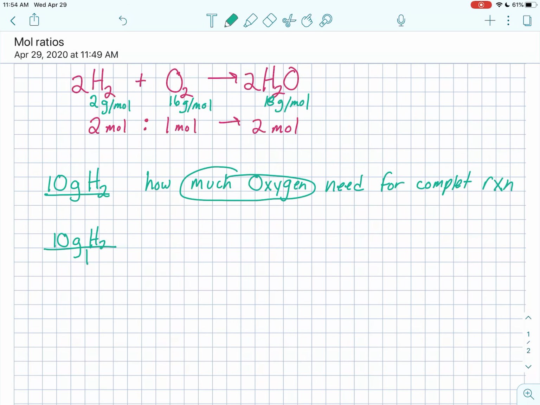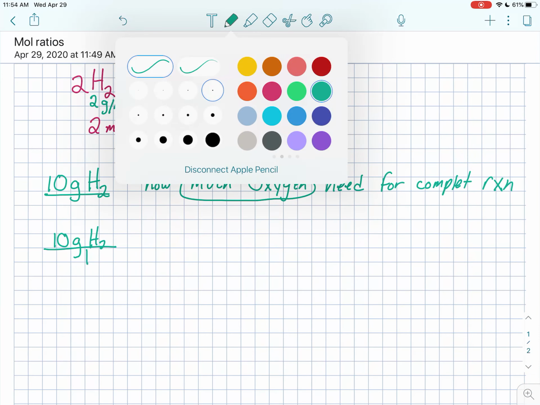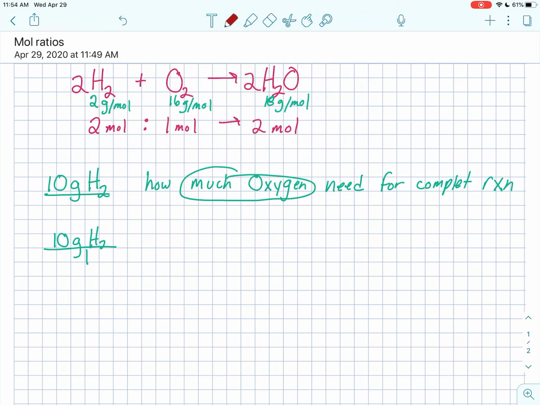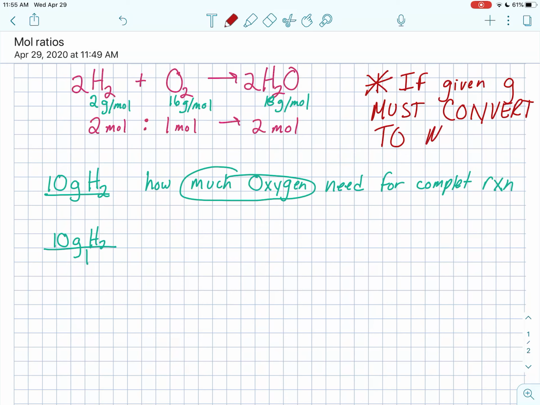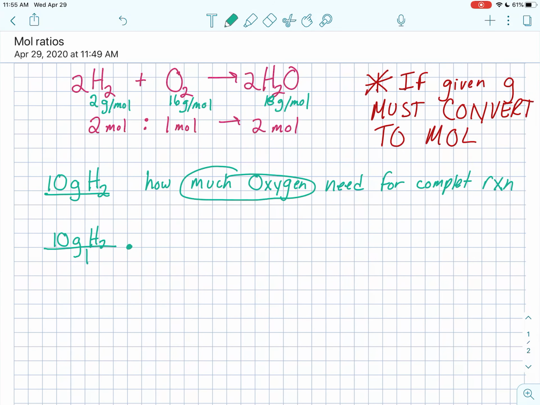So first things first, remember I said, and this is very, very important, I cannot emphasize it enough: if given grams, you must convert to moles. And remember, this is because we said you cannot compare grams of two different substances. You can only compare moles.